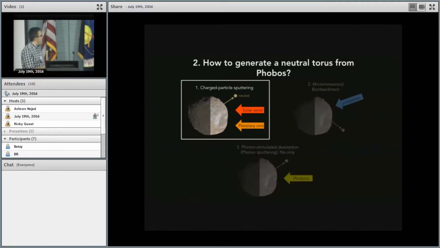For this talk, I'm going to focus just on charged particle sputtering. If you work through some back-of-the-envelope calculations about what the relative rates of these might be, charged particle sputtering should be the dominant one by at least an order of magnitude if not more, so I'll really focus on this in the talk.